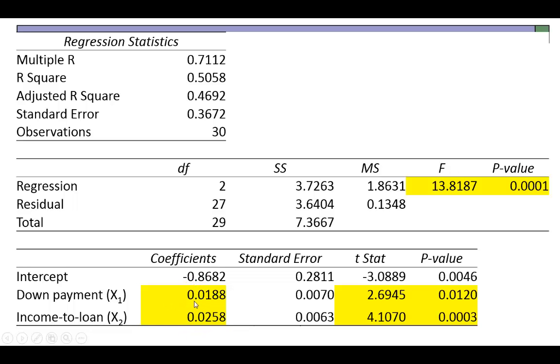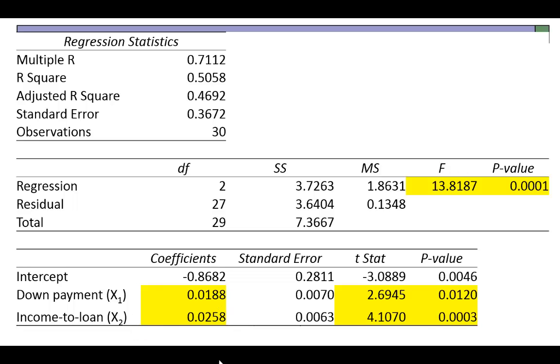Specifically, B1 is 0.0188, meaning that a 1% increase in down payment would increase the approval probability by about 0.0188. In other words, there's a 1.88% chance that a loan will be approved for a 1% rise in the down payments.